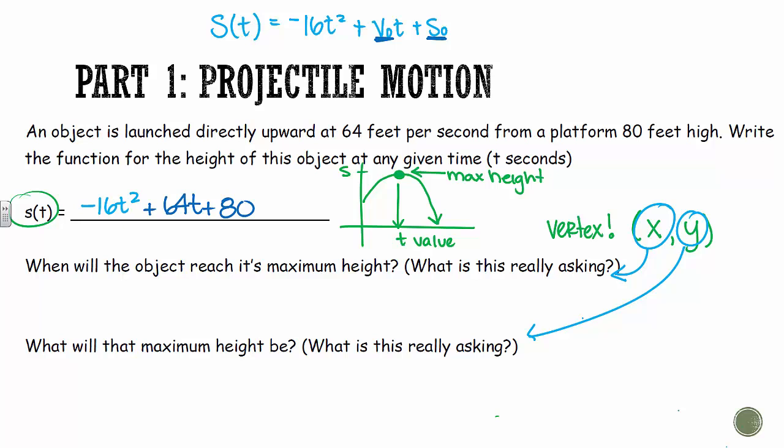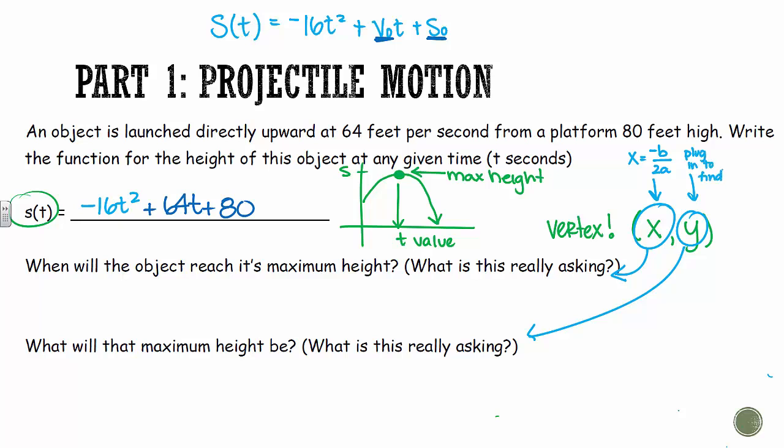I'm going to let you in on a little secret. You can find the vertex of something by using part of the quadratic formula. So in your vertex, you can find the x part of your vertex by using negative b divided by 2 times a, and then plugging that in to find y.